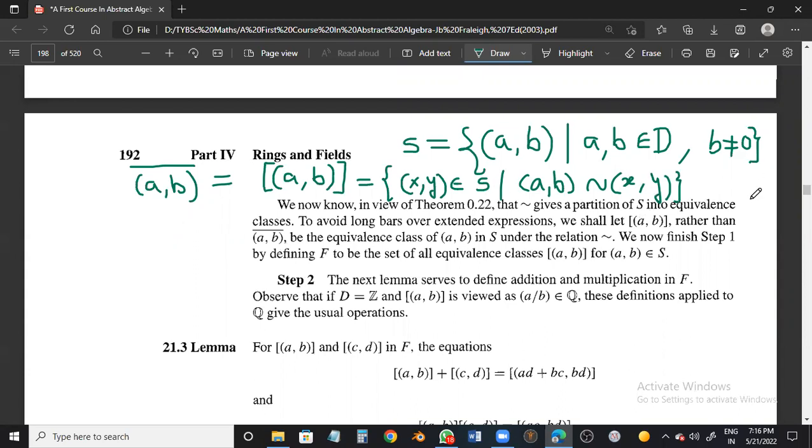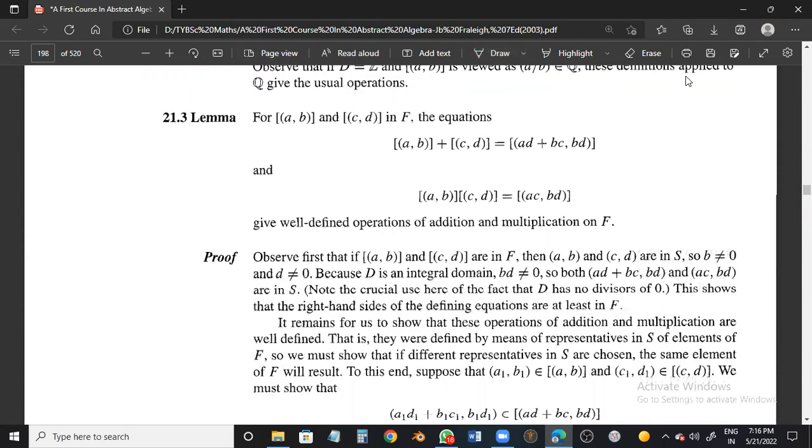I feel you are getting this. We are now interested in the set of all equivalence classes, and we are going to show that the set of all equivalence classes is nothing but the field. So we are going this way. All right, now let us deal with the lemma.